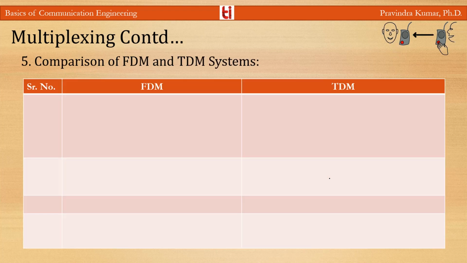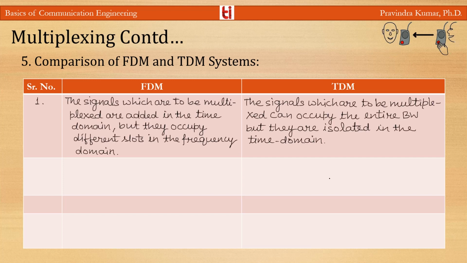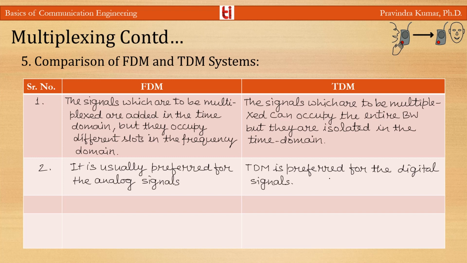Now, comparison of FDM and TDM systems. In FDM, the signals which are to be multiplexed are added in the time domain, but they occupy different slots in the frequency domain. And in TDM, the signals which are to be multiplexed can occupy the entire bandwidth, but they are isolated in the time domain. FDM is usually preferred for analog signals, and TDM is preferred for digital signals.